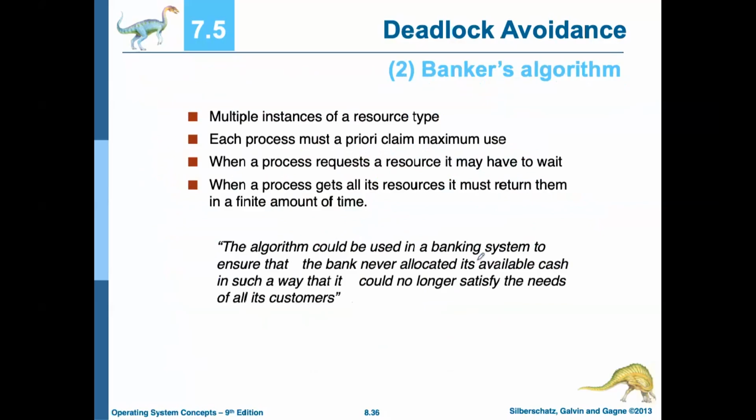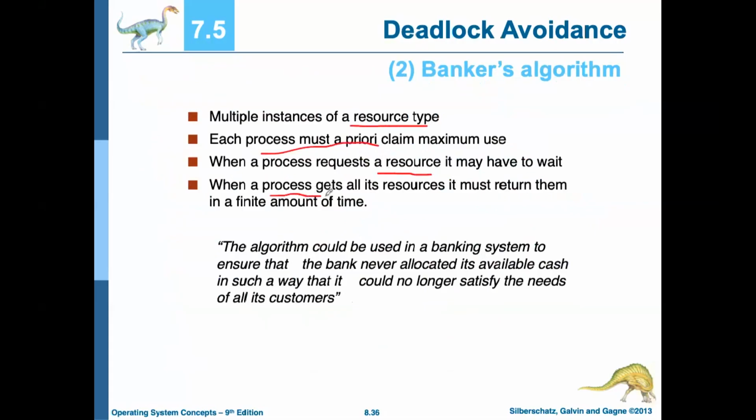So, Banker's algorithm, for multiple instances of a resource type. Each process must a priori claim its maximum use. When a process requests a resource, it may have to wait.